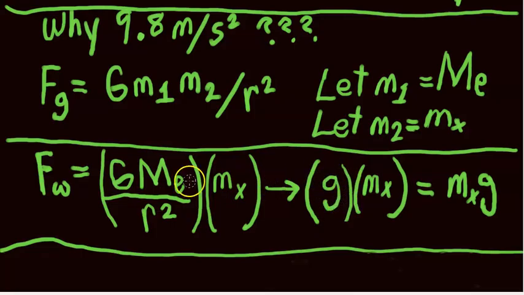And right here we have this term where all the math has been done. You end up with g here, m to the x here. And then you just rearrange it to make the term more familiar with what we have seen beforehand.